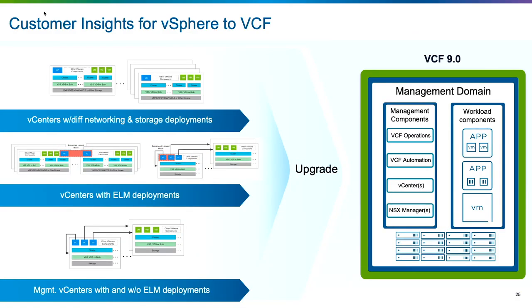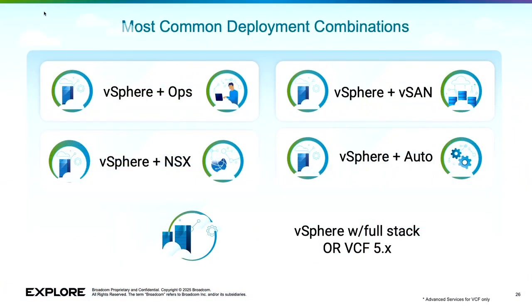The next thing I'll talk about is how we are trying to bring all the information together that helps you upgrade from what you have to where you're going. We created specific insights for the different combinations that we saw in these topologies, and we came up with what we considered some of the most common deployment types.